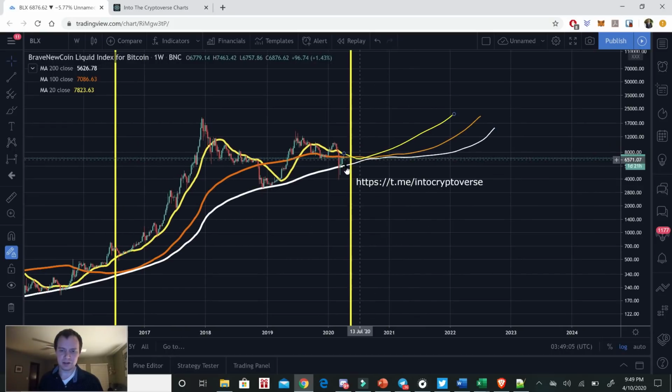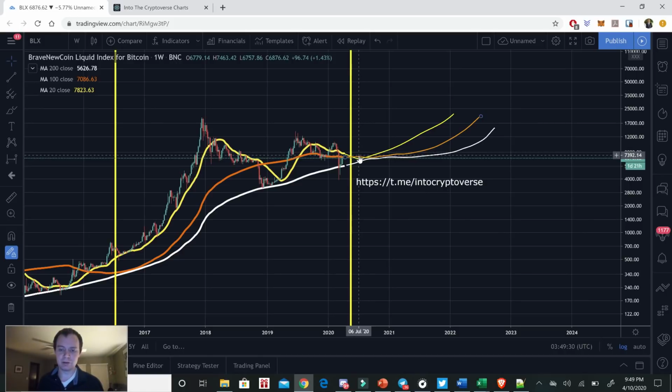So ultimately, if the price were to oscillate in this region, if it does come back down to the 200 week, then clearly these moving averages will converge sooner. If it does not come back down to the 200 week, then it will take a lot longer for them to converge. And we're not saying they have to converge. We're just noting that if they were to repeat a past cycle, that is what would happen.